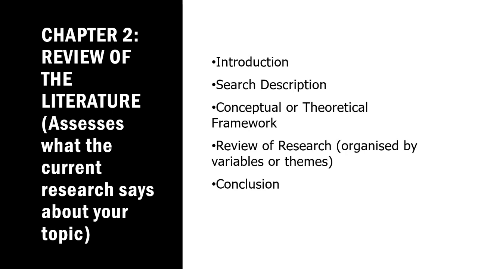So your search description is how you went about it, or for the first instance, what search engines did you use? Where did you go and search for articles? A search engine is usually a scholarly search engine.